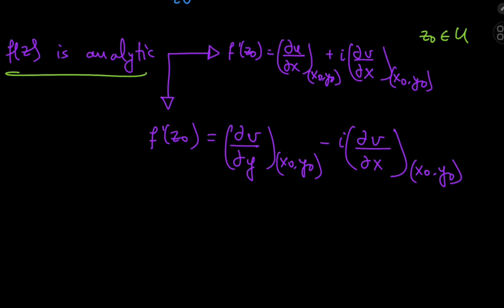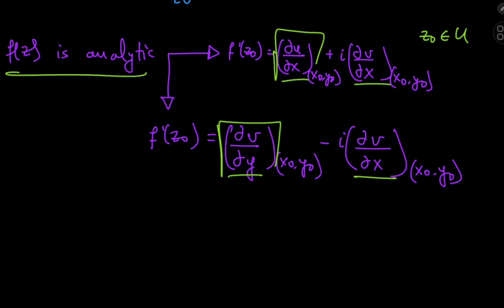And because f of z is analytic, that means the derivative exists and is continuous. So by continuity, all the first partials of u and v need to be continuous as well. And of course, the derivative exists, so it's unique at every point, meaning that these real and imaginary parts should be equal to each other.